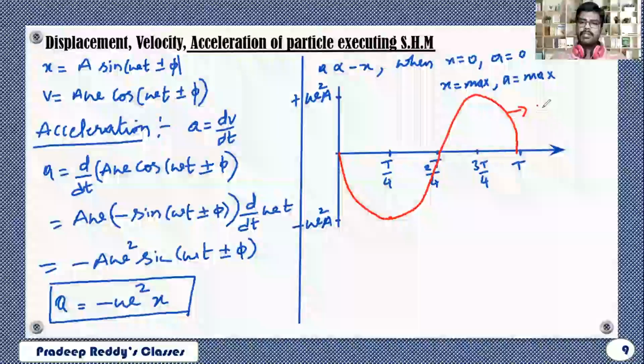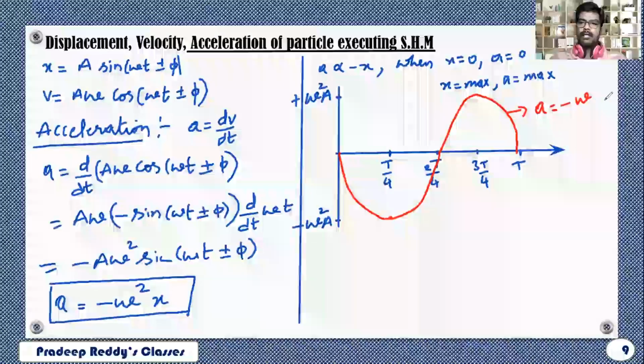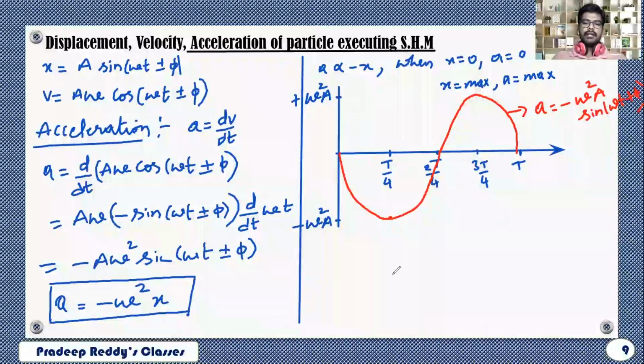This equation is a is equal to minus omega square a into sine of omega t plus phi. Clearly, acceleration and displacement both are same graphs. But acceleration and displacement are exactly opposite to each other.